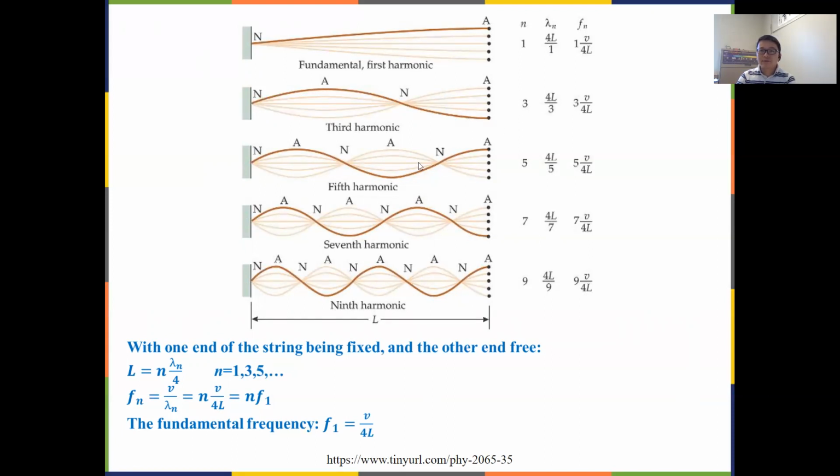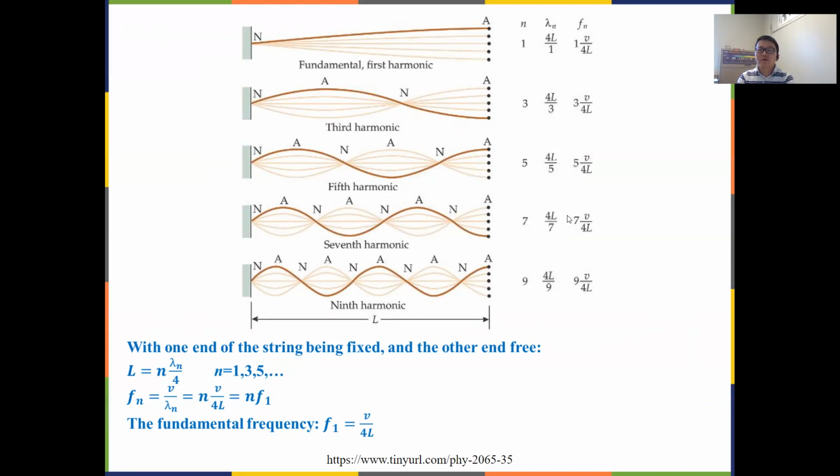And you can look at the next scenarios. It turns out to be 4L/5, and then 4L/7. We call these the nth harmonics, with n being the odd numbers: 1, 3, 5, 7, 9. So you have 4L divided by n for each of the wavelengths, and the frequency will be n times the fundamental, V over 4L.